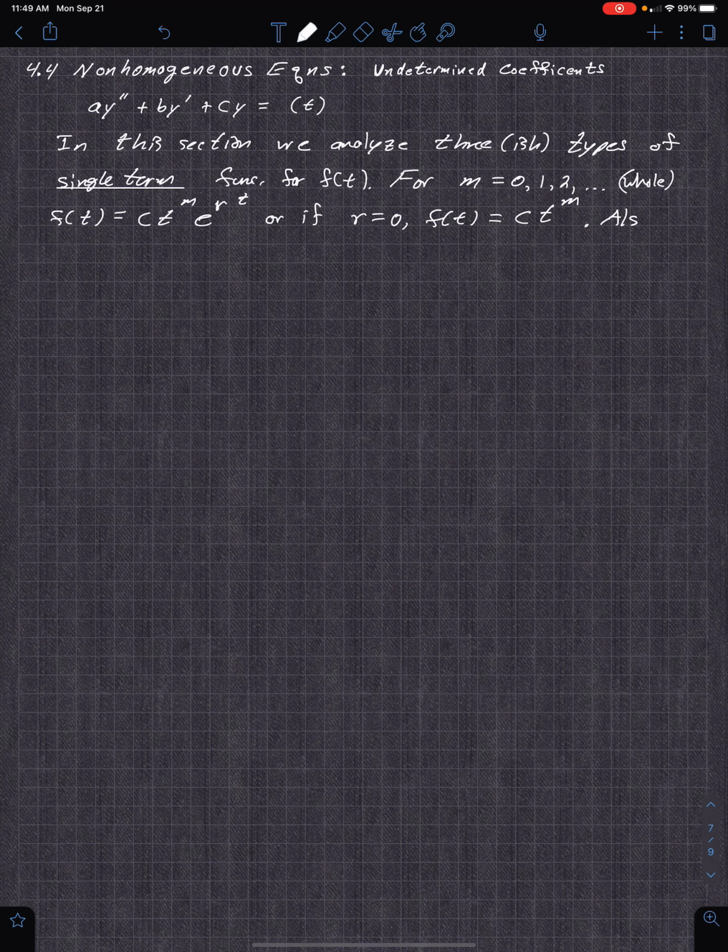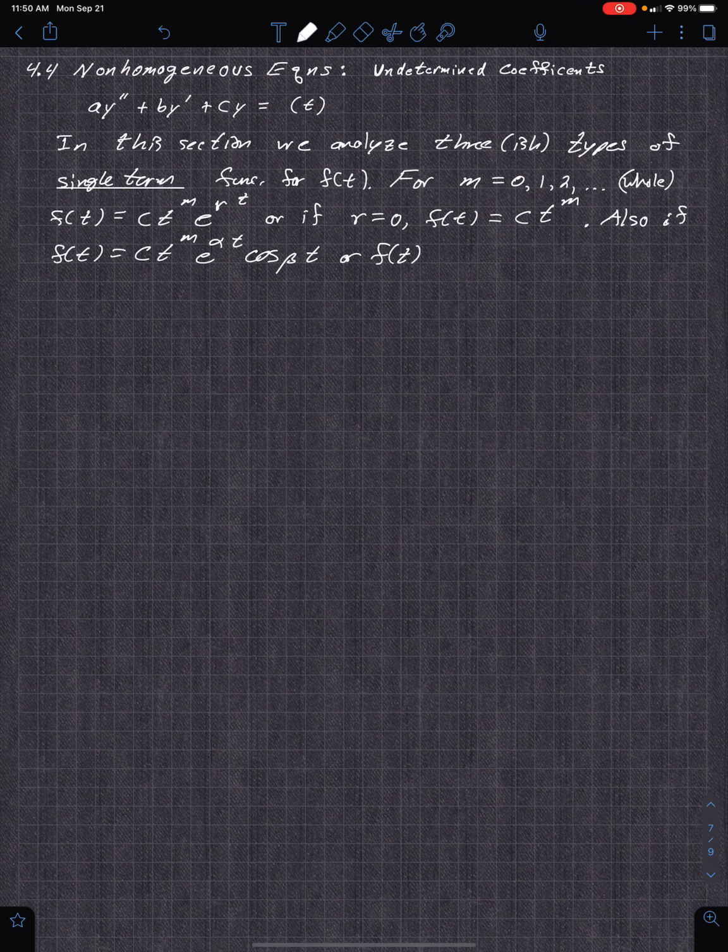So also, there are different values of m and r. You look at whether r is a solution to the auxiliary equation, and you'll see all the different cases. So also, the other case is f of t equal to c t to the m e to the alpha t cosine beta t, or basically it's the sine, everything's the same except sine.